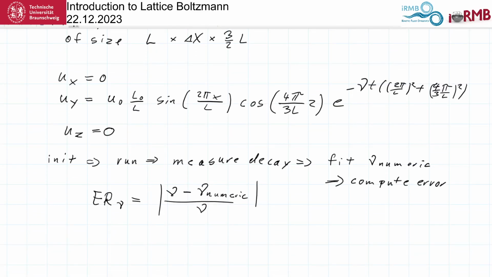And now we do this for different resolutions in diffusive scaling.